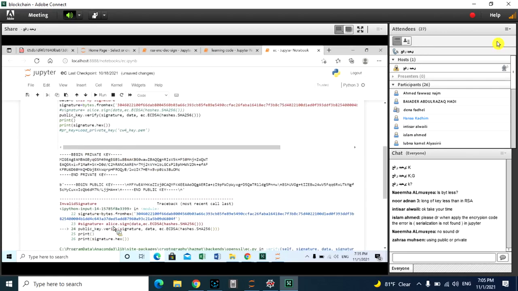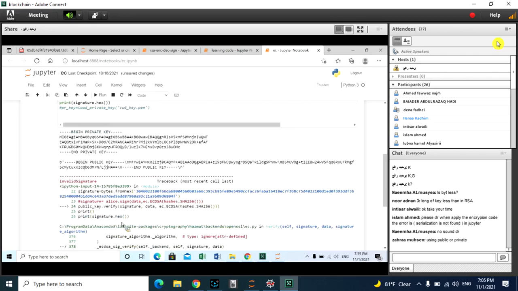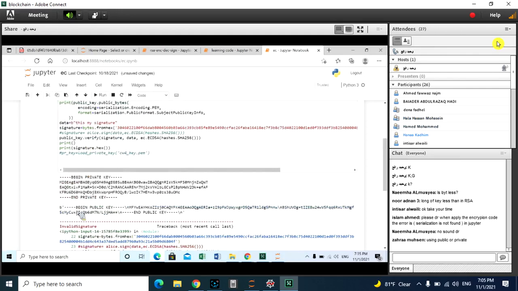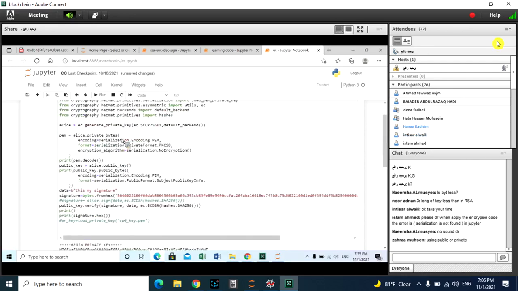I don't know why this message is shown. The signature is correct, so everything must be fine with this verify command. I must check it. Oh, I understand.